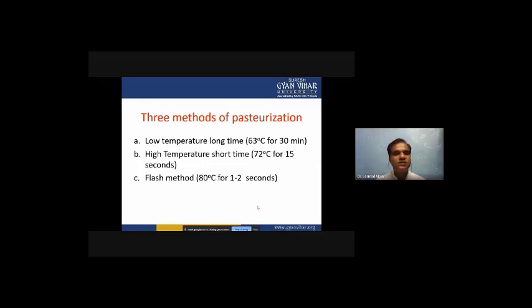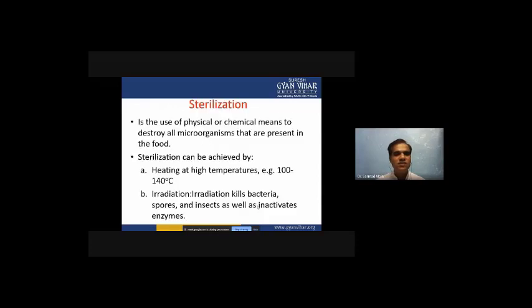Second method is high temperature for a short time: 72 degrees centigrade for 15 seconds. Third method is the flash method, where we increase the temperature to 80 degrees for 1 to 2 seconds. These three methods can be used for pasteurization of food.